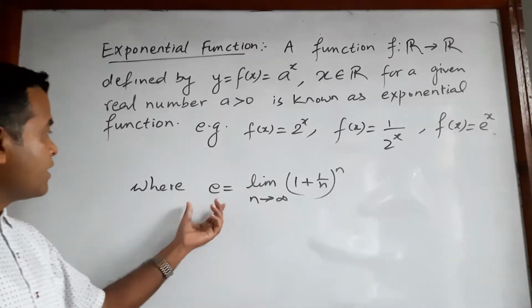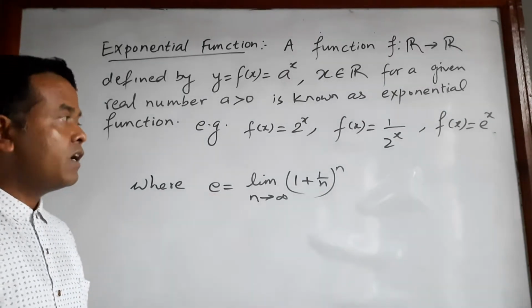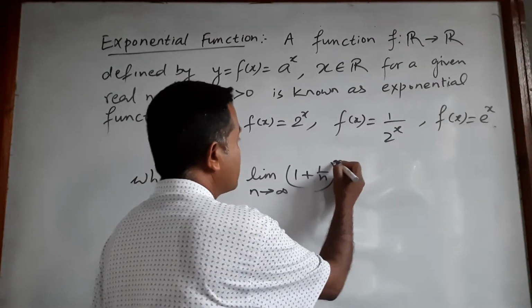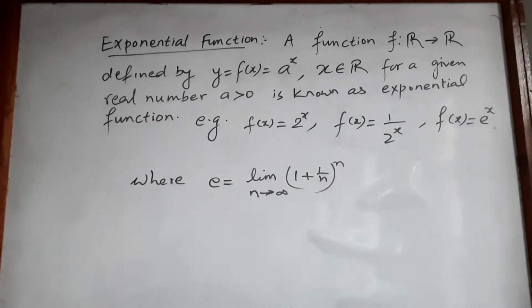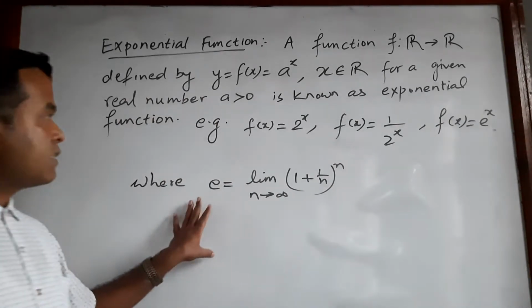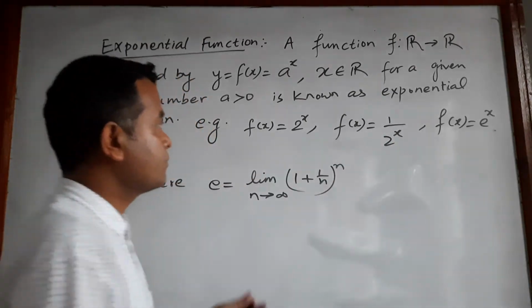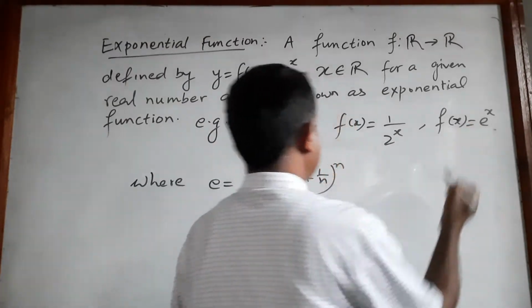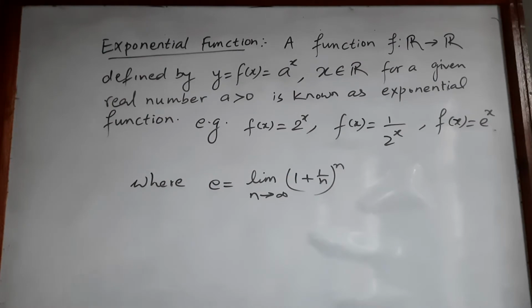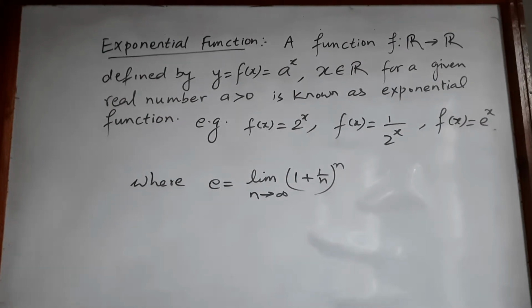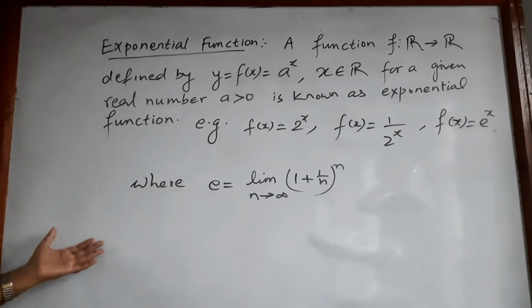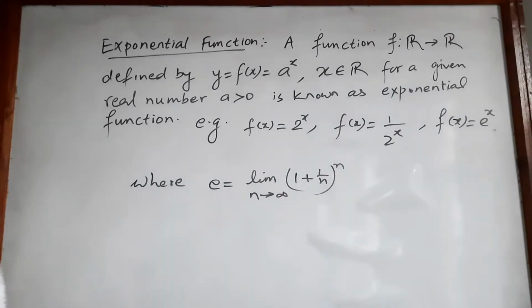You need not remember the value of e because the calculator gives the value of e directly. So this is a special type of function, f(x) equals e to the power x, and this exponential function knowledge helps us to define the logarithmic function.